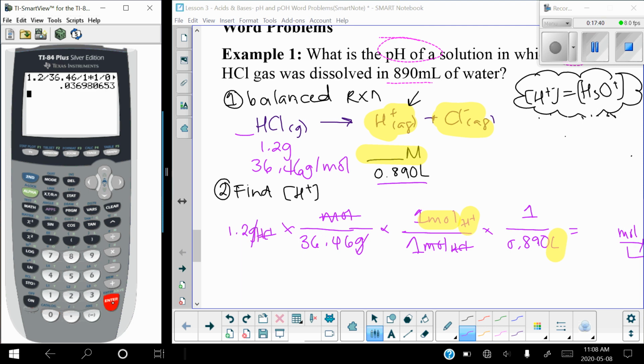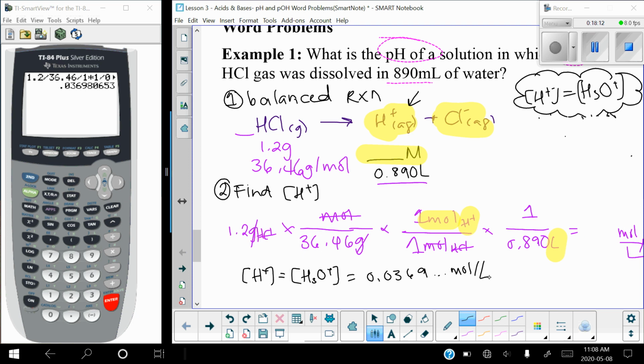And we get a molar concentration of H plus, which we know is equal to our hydronium concentration, which is equal to 0.0369 moles per liter.